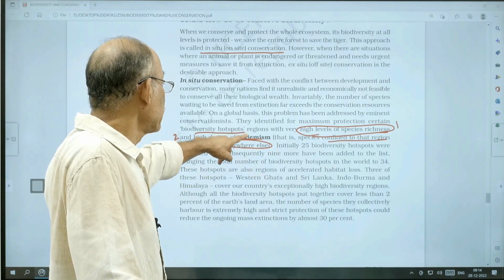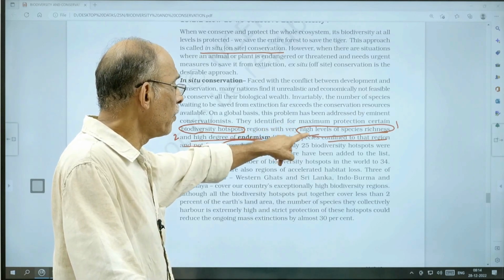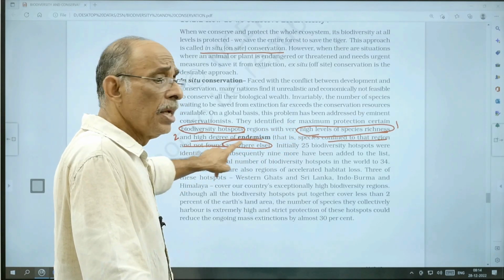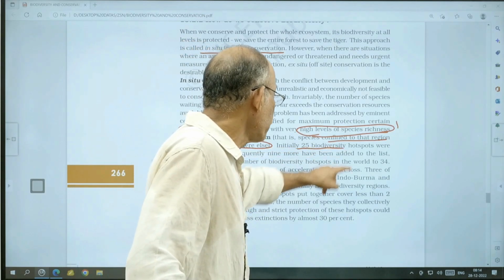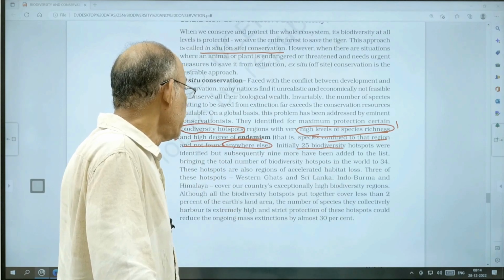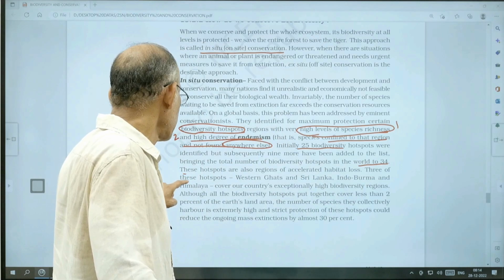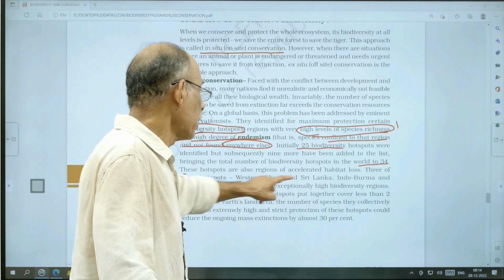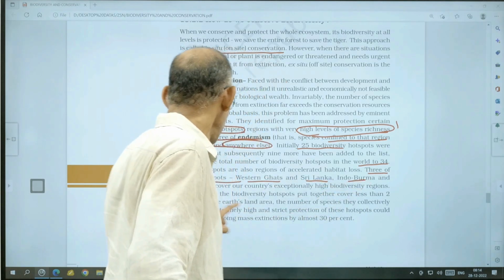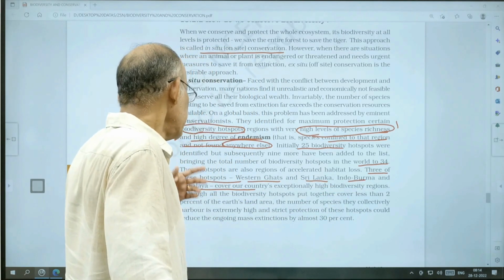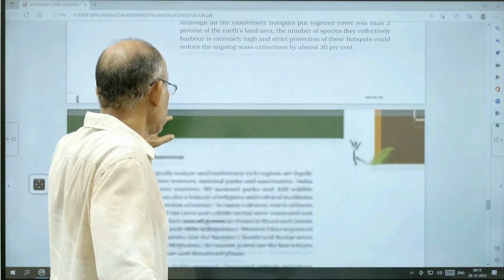Initially we had 25 biodiversity hotspots throughout the world. Now 9 more have been added, and now we have 34 hotspots, and 3 of them are in India. In India, we have the Western Ghats and Sri Lanka, Indo-Burma, and the Himalayan regions as these 3 hotspots. And next is XI-XII.